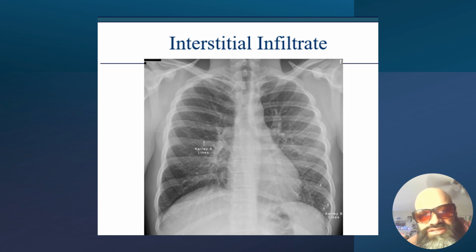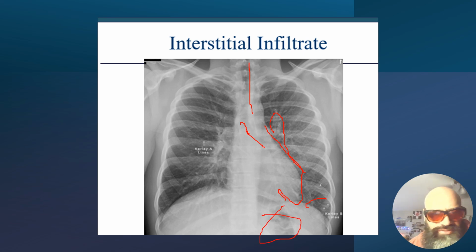So here we see, and I'll continue to do this, we have our trachea, we have our carina right here, the bronchi, we have our pulmonary vasculature within the hilum, we have our left atrium, left ventricle here, we have a costophrenic angle with the diaphragm, we have the gastric bubble here, slightly blunted costophrenic angle here, and then we have these diffuse areas of infiltrate throughout the entire lung field.